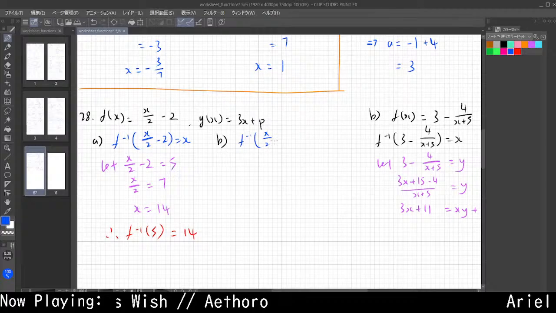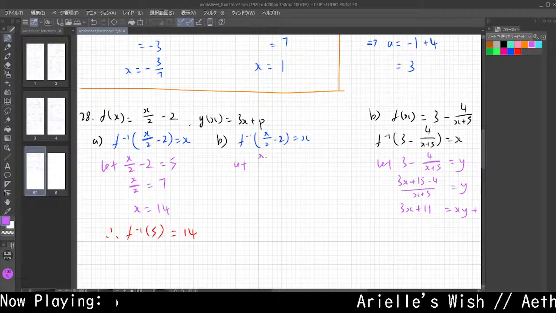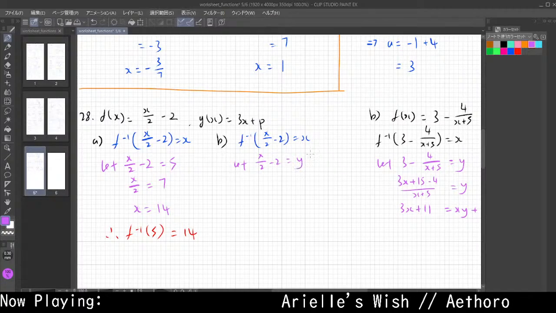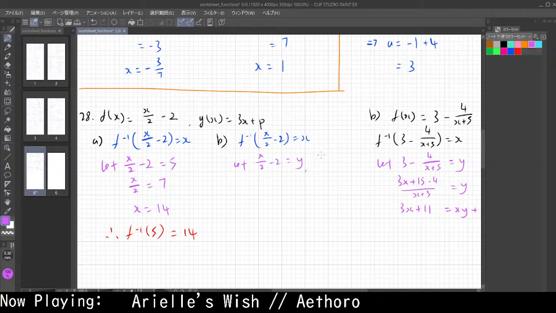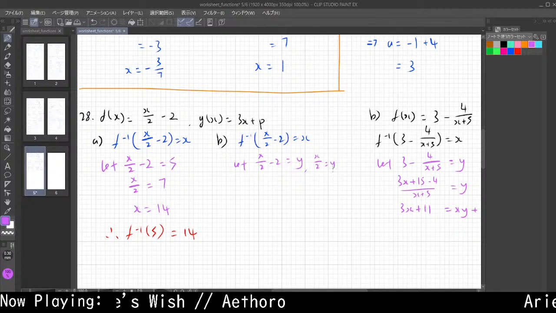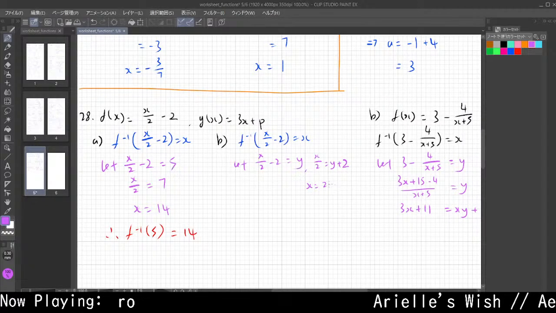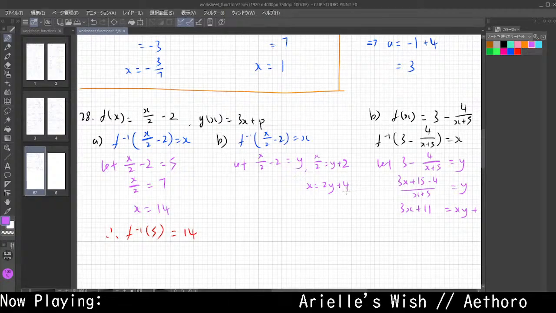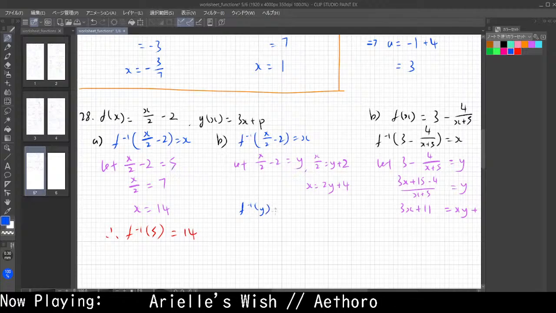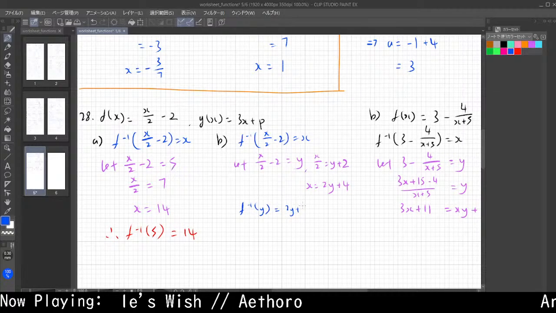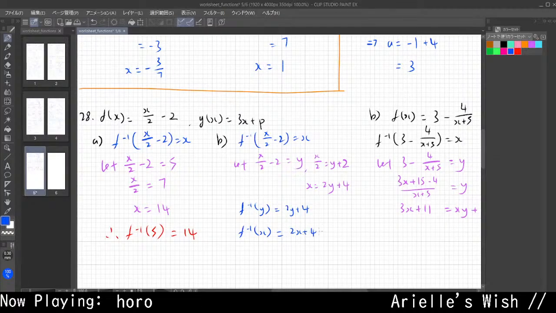Let x over 2 minus 2 equals y. x over 2 equals y plus 2. 2 bring over to multiply, x equals y times 2, 2 times 2 is 4, so x equals 2y plus 4. Therefore f inverse y equals x equals 2y plus 4. f inverse x equals 2x plus 4.